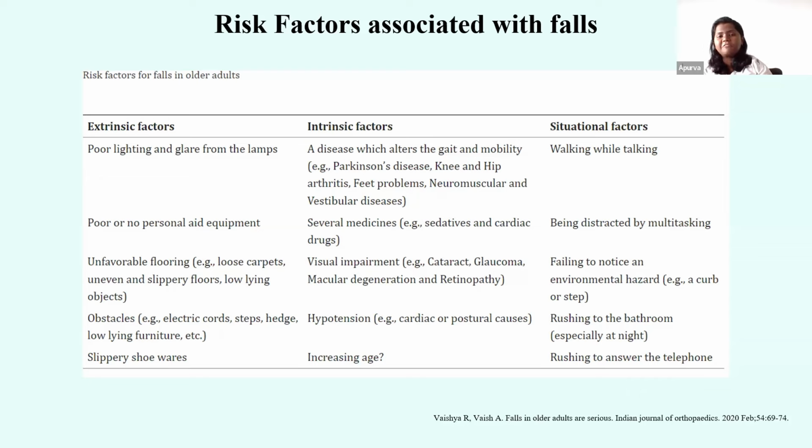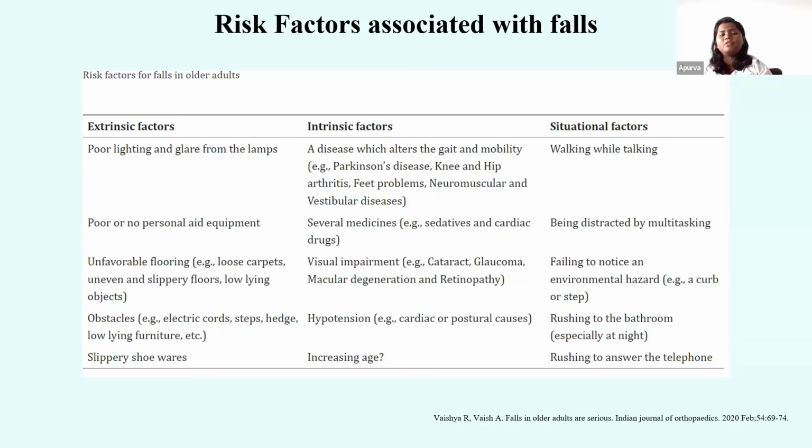A few medications have been associated with a higher risk of falls. Visual impairments have been associated with a higher risk of falls. Similarly, cardiovascular histories have been associated with a higher risk of falls.